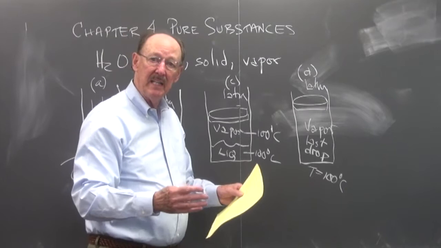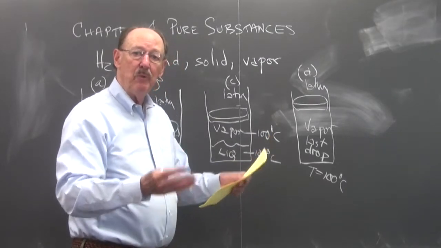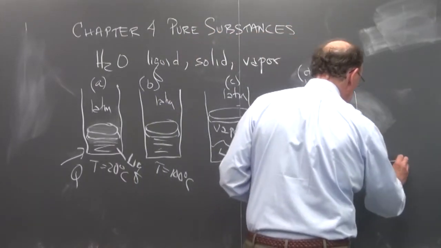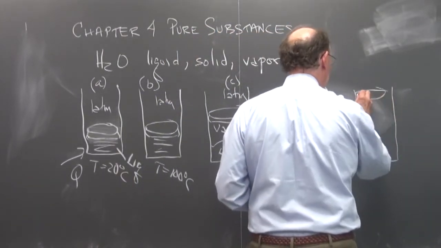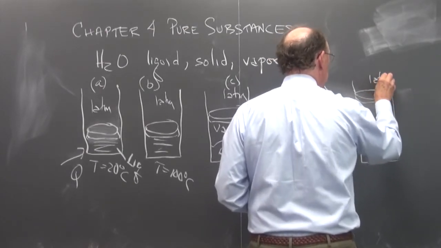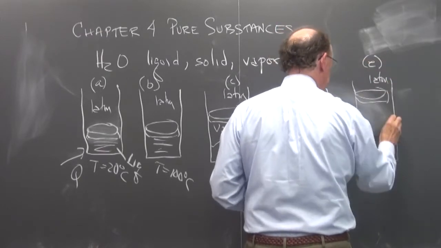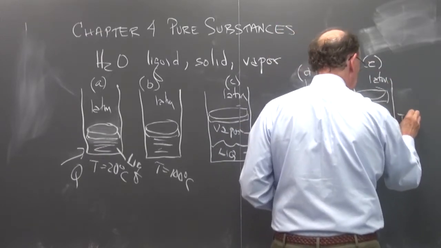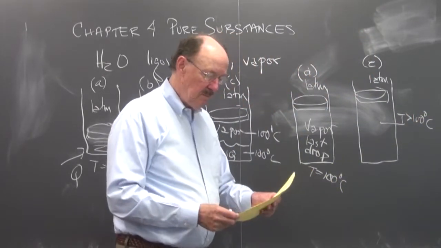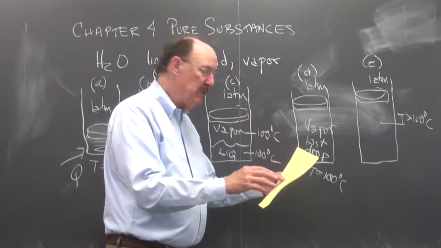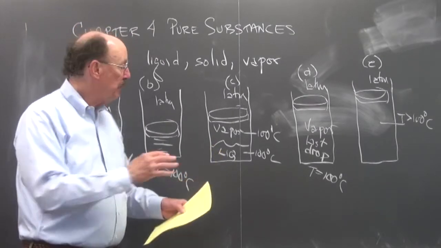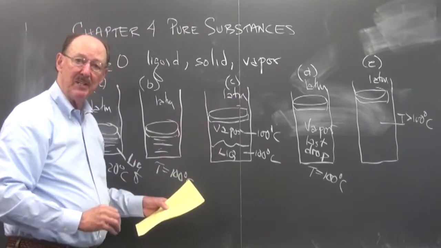Now if we keep heating it, the temperature will rise, and we'll be at state E. It'll expand a little bit. So we have 1 atmosphere, continuing, E, and here T is greater than 100 degrees C. If you notice, the pressure remained constant throughout. So we have a constant pressure process throughout.